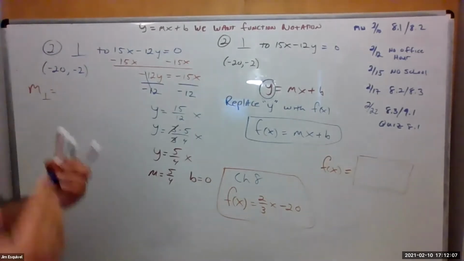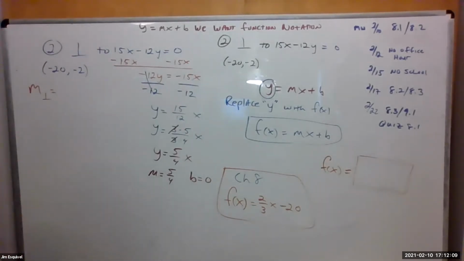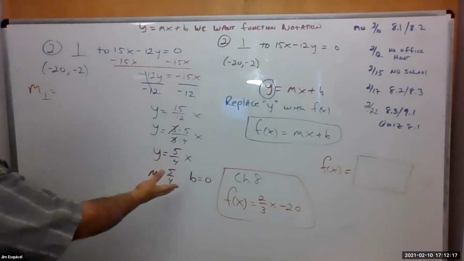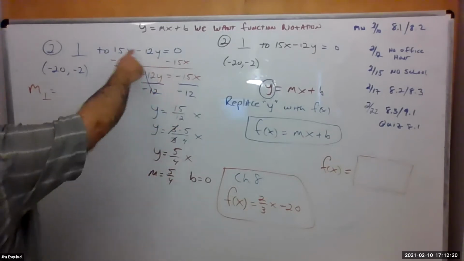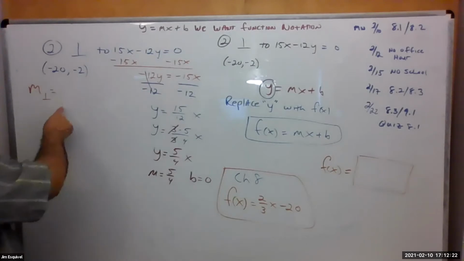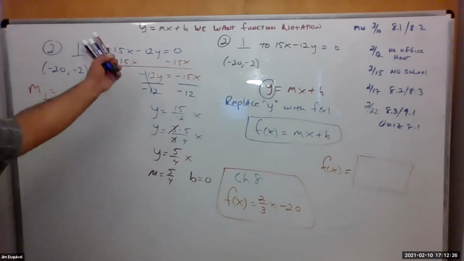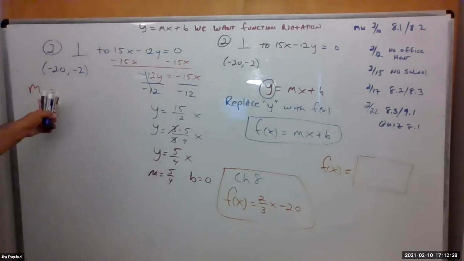So, as I said last week on the Chapter 8 quiz and the Chapter 8 test, that's not going to be the case. You're going to have to figure out the slope first, and then you come back over here. So you're going to have to do what I'm showing you right here just to get the slope for what we want. Okay? That's why I'm using these as your examples.